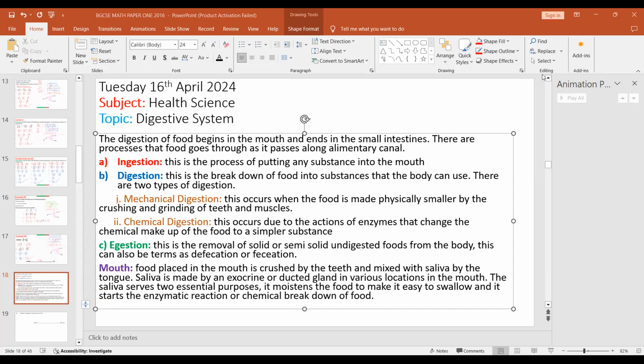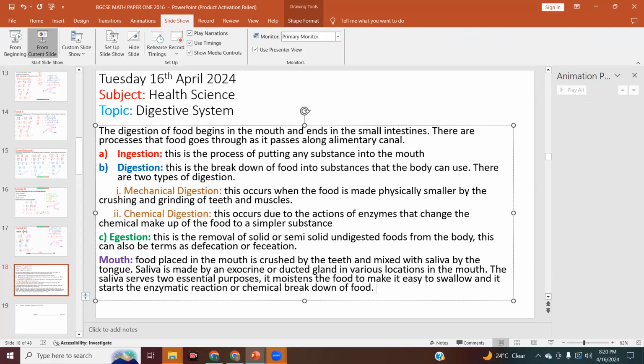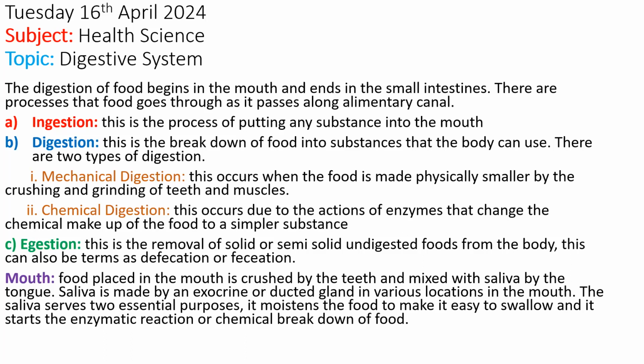Not only is the food crushed and broken down into smaller pieces physically by the teeth, but the food is also mixed with saliva. The purpose of the saliva is to make sure that the food is moist, so that you'll be able to swallow it properly and without a lot of friction. It's also there to break down the food chemically, because the saliva has enzymes inside of it, and the enzymes start to break down starch inside of the mouth.